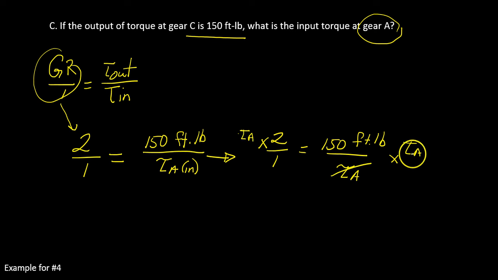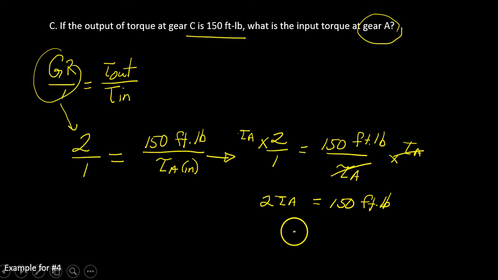So when we do it, this cancels out and leaves on this side 150 foot-pounds. And on this side, this is going to be 2 times the torque at A. Now we still have to get the torque at A all by itself. So we're multiplying on this side, so we're going to divide by torque at A on both sides. When we do this, that's going to cancel out.